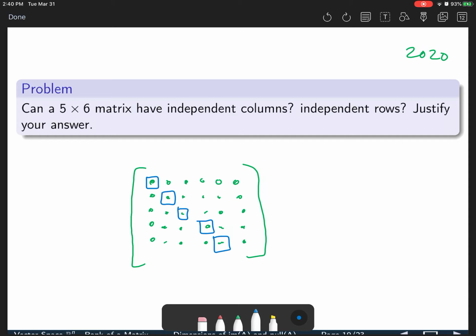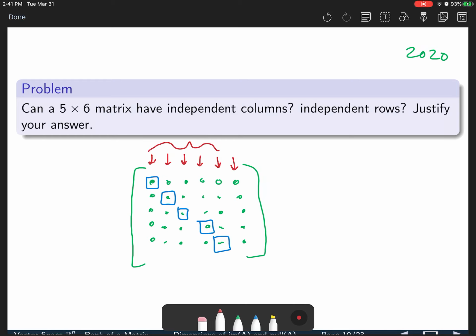And in this case, if we were looking at all of the columns as each their own column vector, we could see that the first 5 column vectors could be independent, but the 6th vector really has nowhere to go.